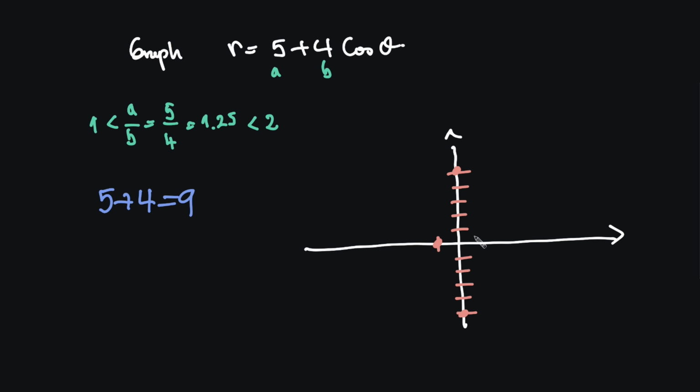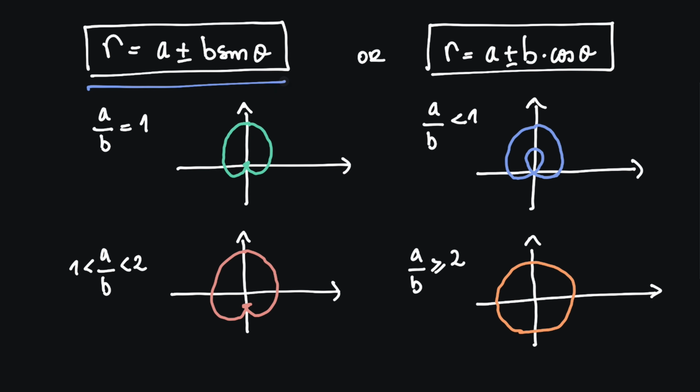And we just count the number of circles: 1, 2, 3, 4, 5, 6, 7, 8, 9. So here, and like this, we're going to have our limaçon, something pretty much like that. So that's how you graph the 4 types of limaçons, given these two forms of equation.